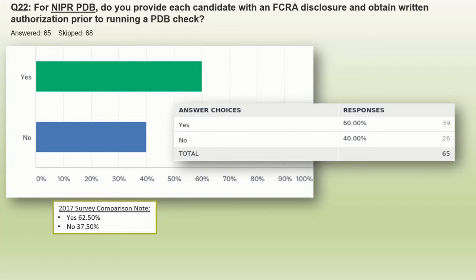So the question here is, do you provide them with some type of disclosure and obtain a written authorization? Now, the response rate's pretty flat compared to last year.